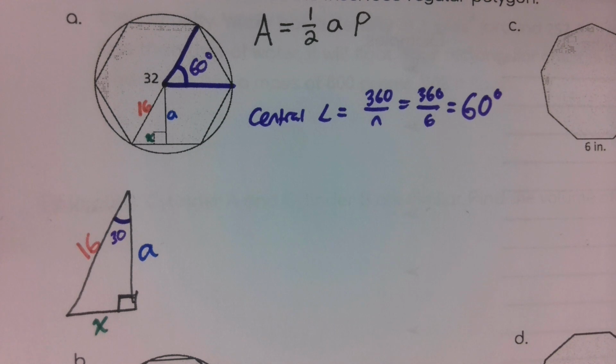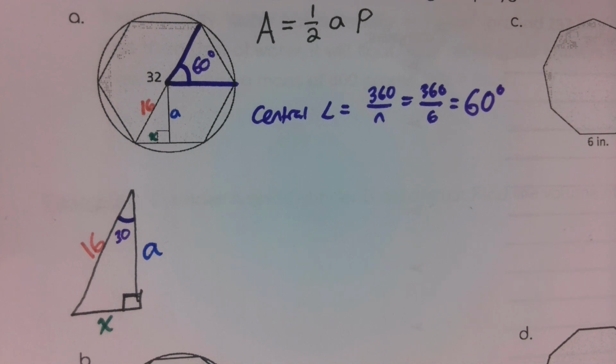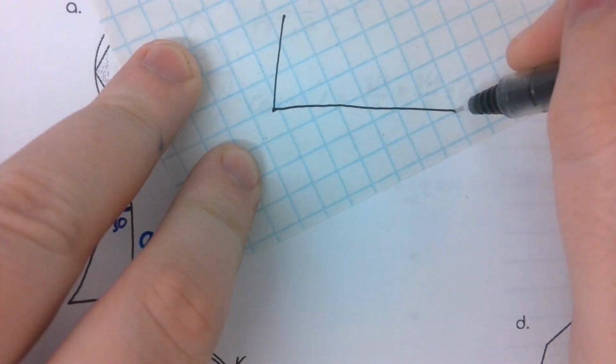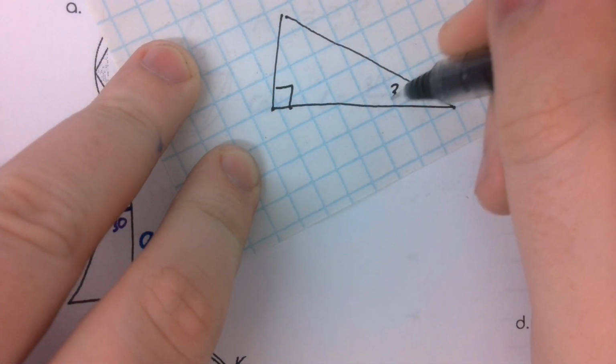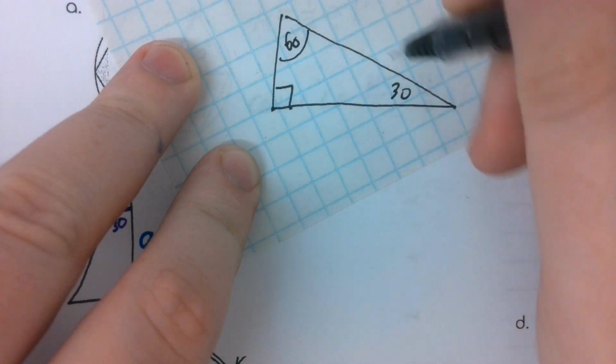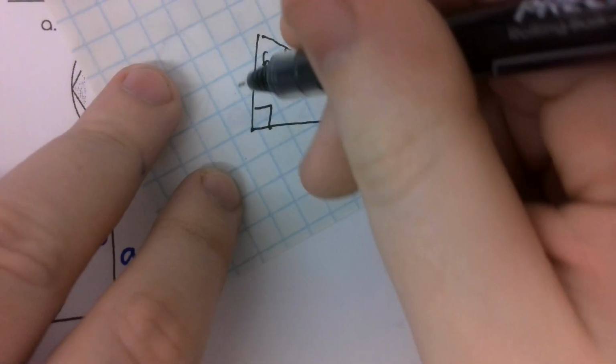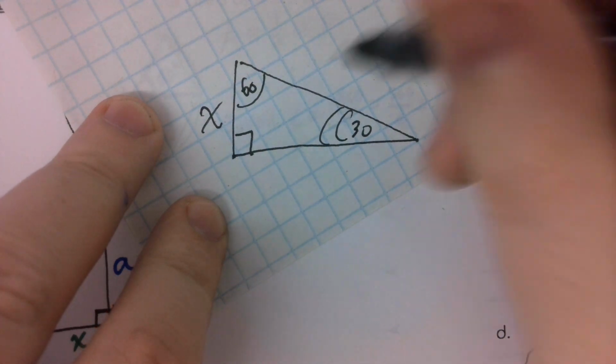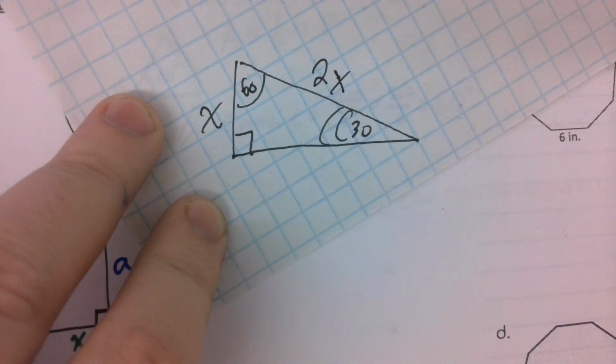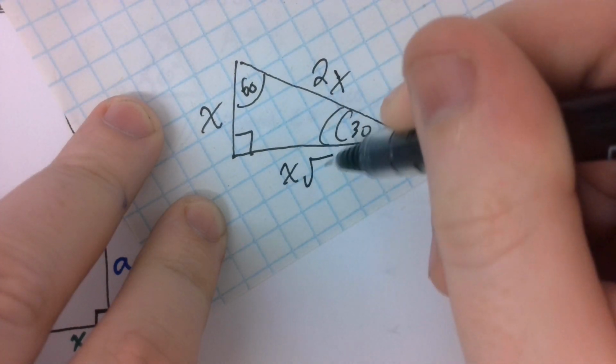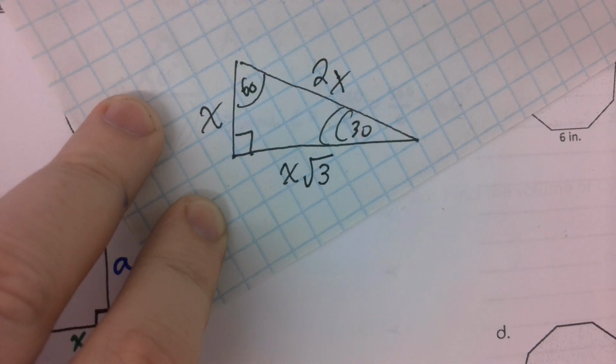If you remember your 30, 60, 90 right triangles, this is a great shortcut. As a reminder, in a 30, 60, 90 right triangle, if this side is x, the short side, the hypotenuse is 2x, and the long leg is x root 3.